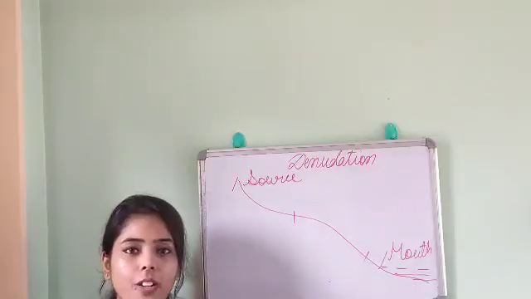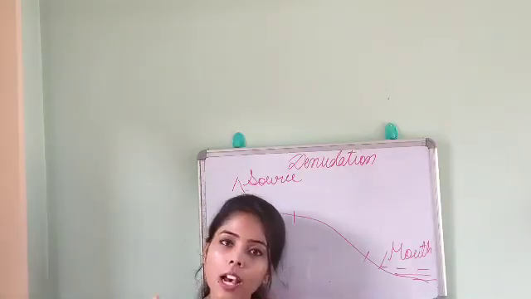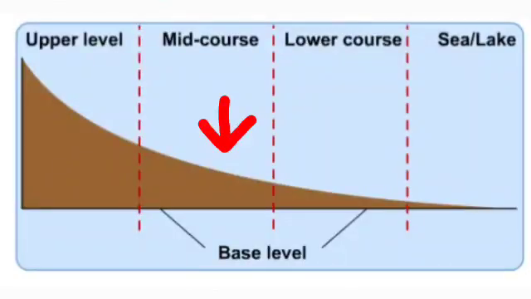Now when the river is coming down and flowing through the plateau region or any region that has less slope than the mountainous zone, that is known as the middle course. And keep in mind that in the middle course the power of transportation of the river will be higher than the erosion.